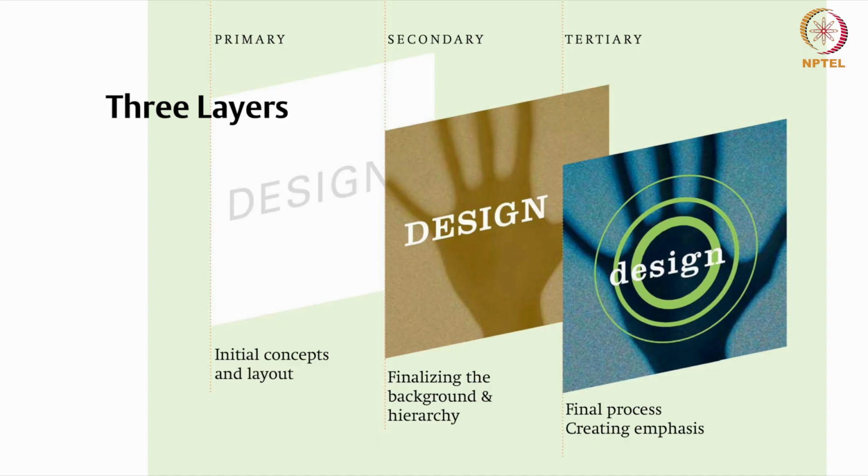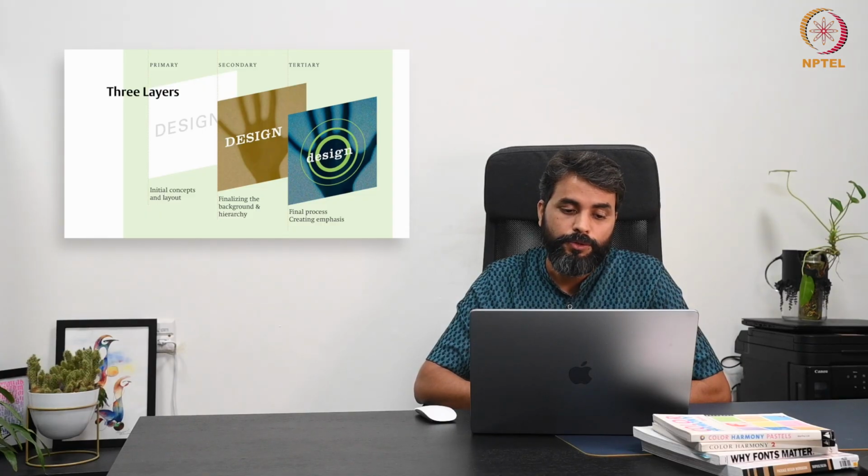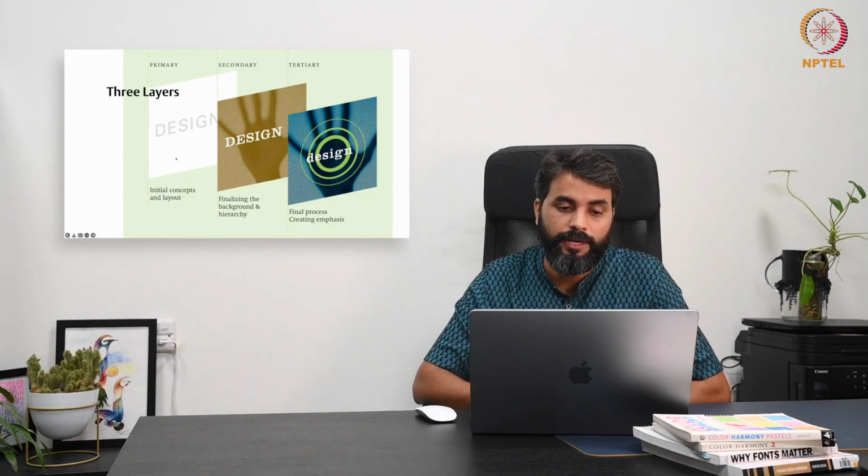If you look at any graphic design project, the realization happens in three stages, or you may say it is a three-layer of work. The first layer, which is primary, talks about initial concept and layout. Once you have everything in place, you come up with your initial concepts and layout and create a very rough design.